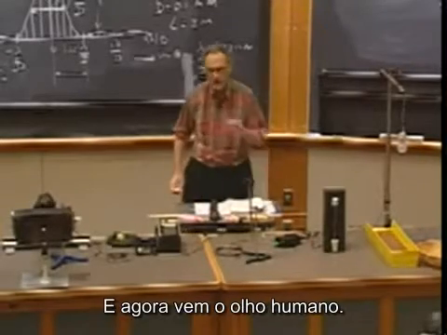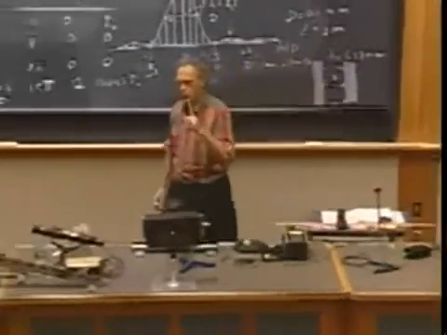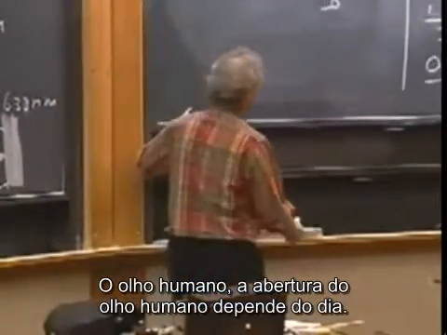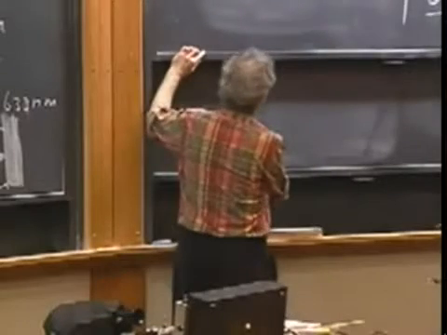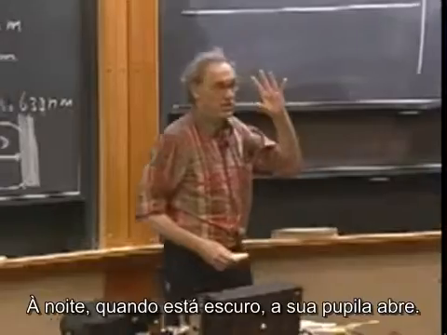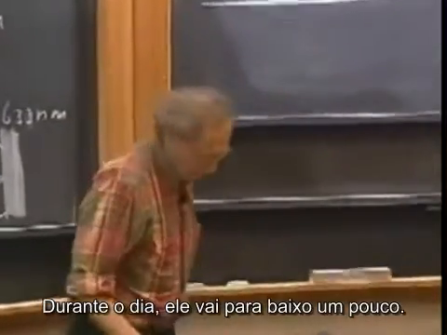And now comes your human eye. The opening of your human eye depends on the time of the day. At night, when it's dark, your pupil opens. During the day, it goes down a little.